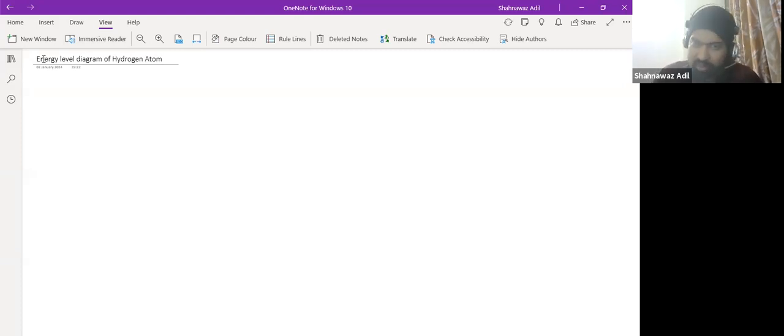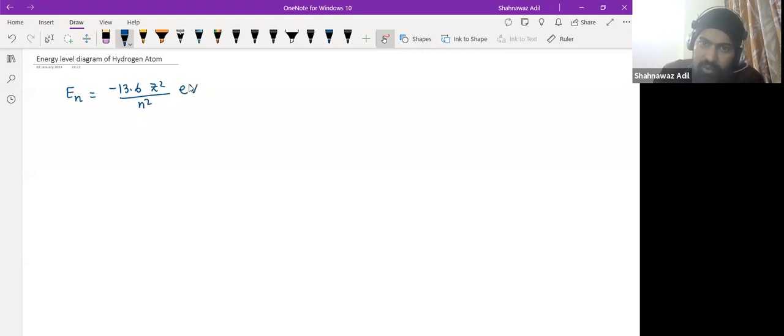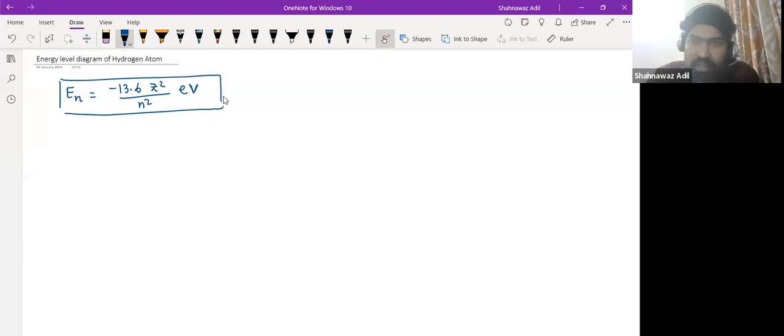What conclusion can we take from this energy level diagram? We already know the energy of the nth orbit. So energy of the nth orbit is minus 13.6 Z square by n square, and more importantly, the unit is electron volt. So this is the energy of the nth orbit.